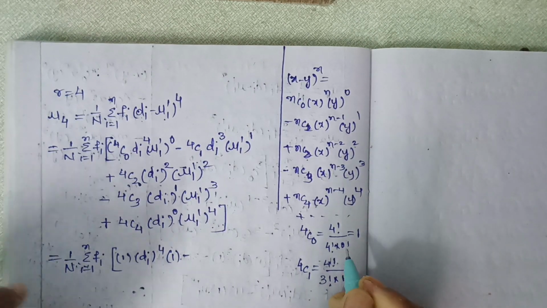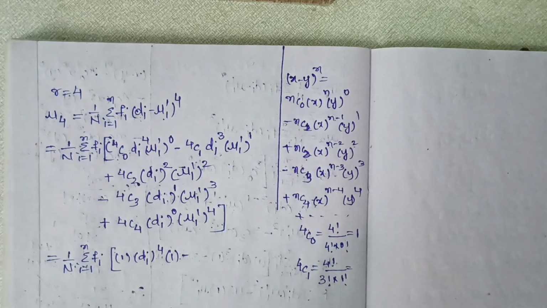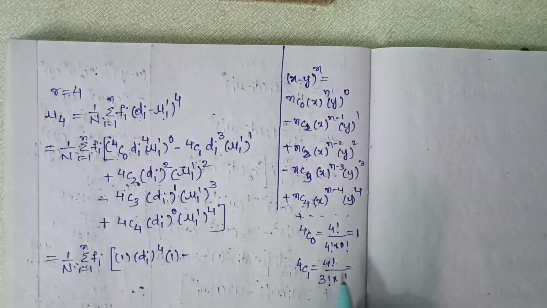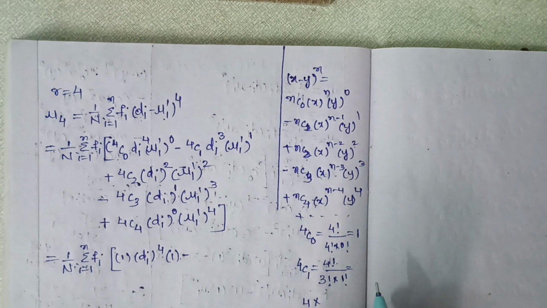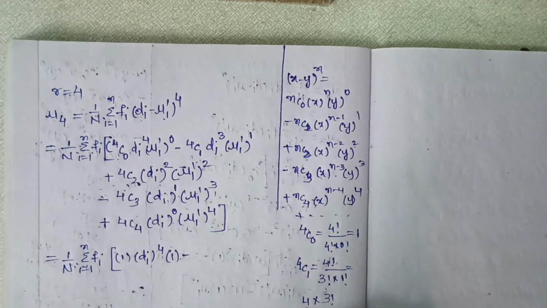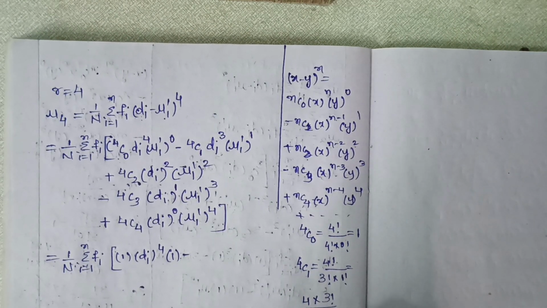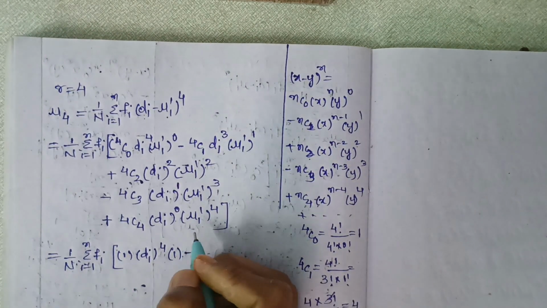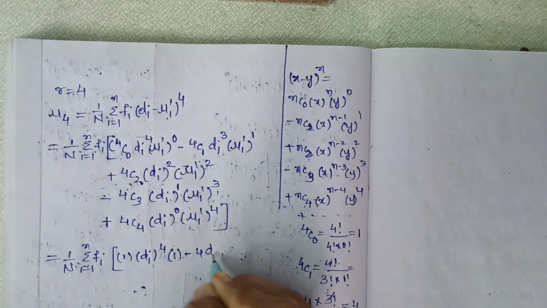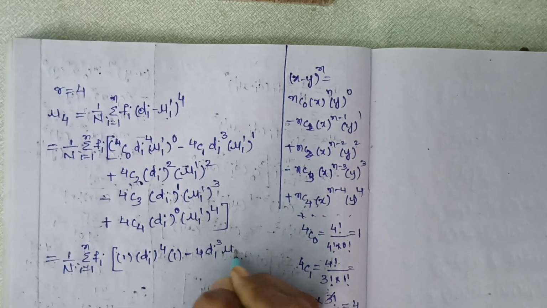In the video we have learnt how to write the factorials. n factorial means n into (n − 1) factorial. Therefore n is 4 and n − 1 is 3 factorial by 3 factorial into 1 factorial. Easily cancel these 3 factorials. We get 4. Therefore 4 into di to the power of cube μ1'.